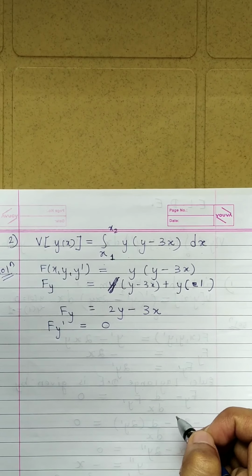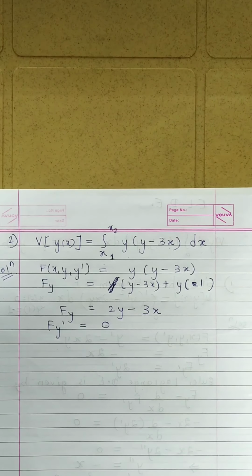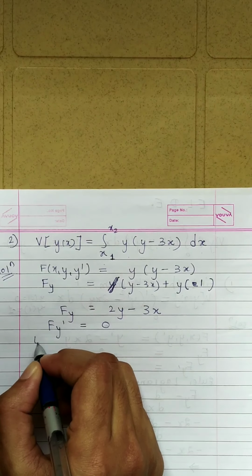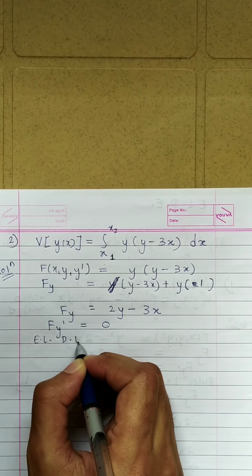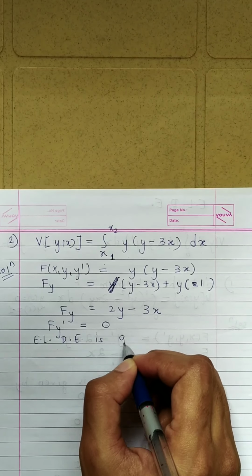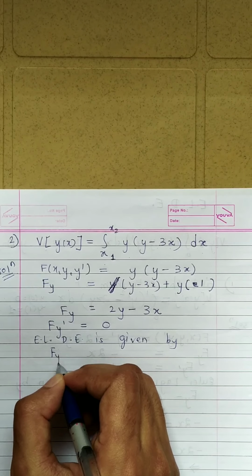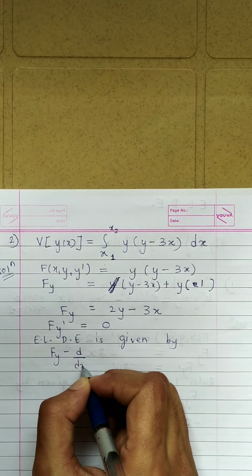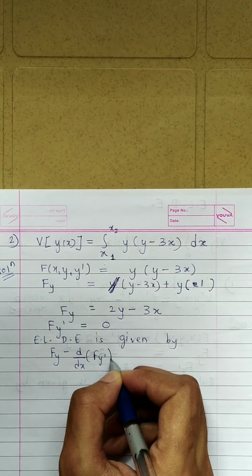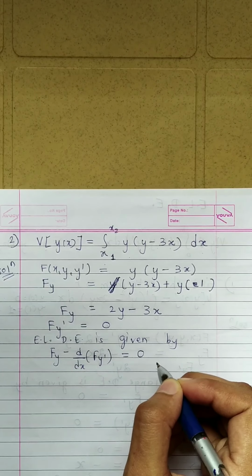Now the Euler-Lagrange differential equation is given by f y minus d by dx of f y dash equal to 0.